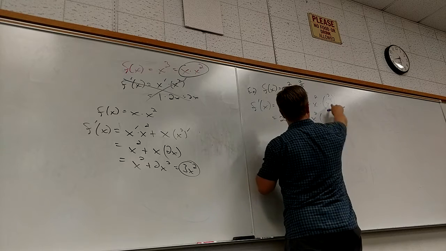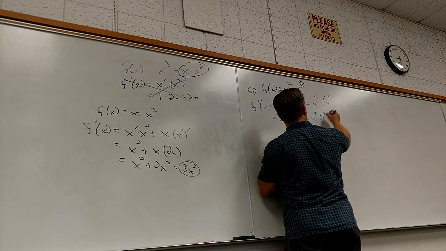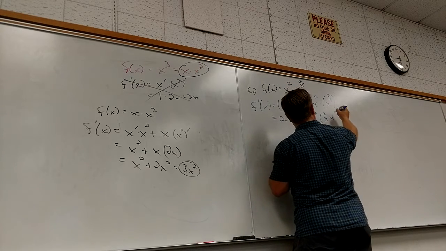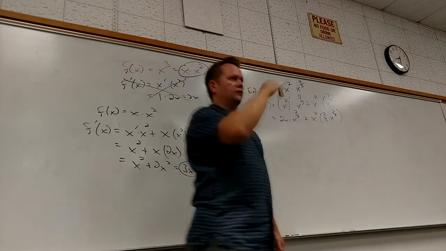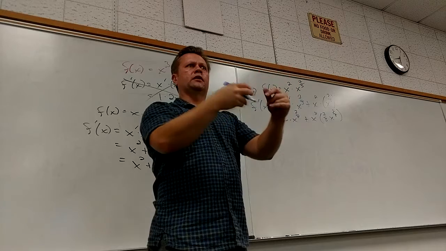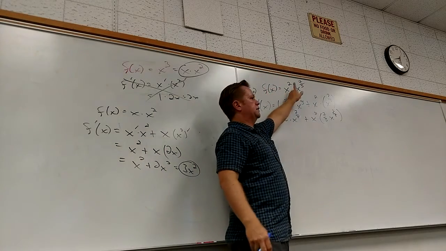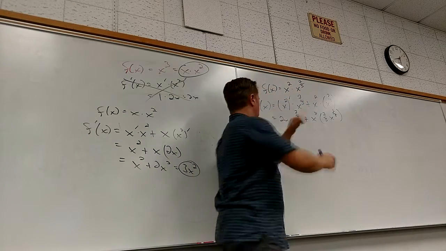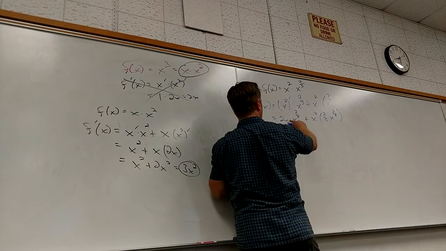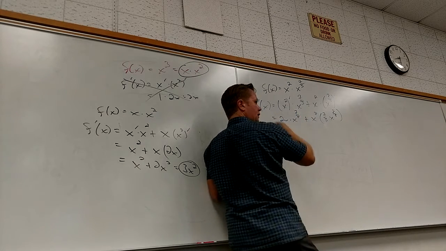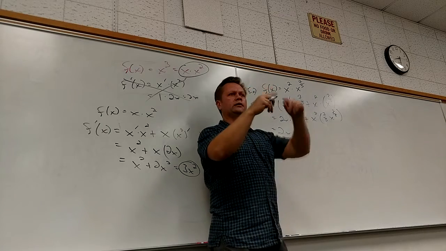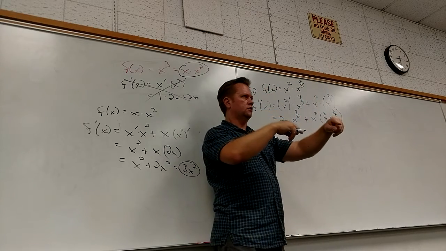X squared, what happens in here? Now if I simplify this, I can compare it to the derivative of the simplification of this. So let's see, what do we get here? 2x to the what? Now look, remember how when subtracting one, I subtract from the numerator and the denominator?